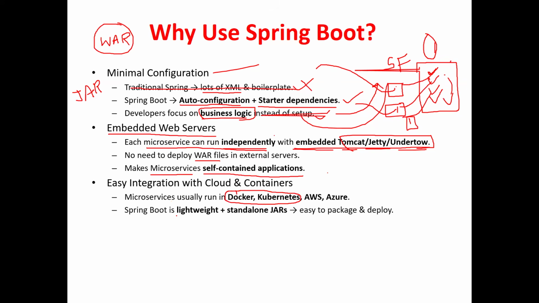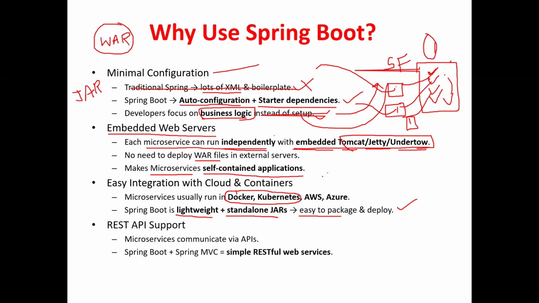Why? Spring Boot gives lightweight, standalone jars, easy to package and deploy. If you want to deploy an application in Kubernetes, if you follow 5 to 6 steps, we can easily integrate with the cloud as well, not only on your local system but directly in the cloud environment. This is the third.